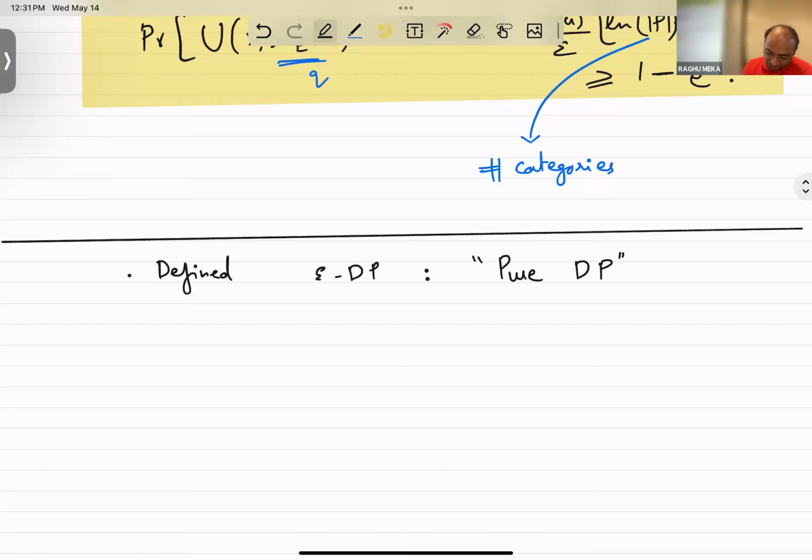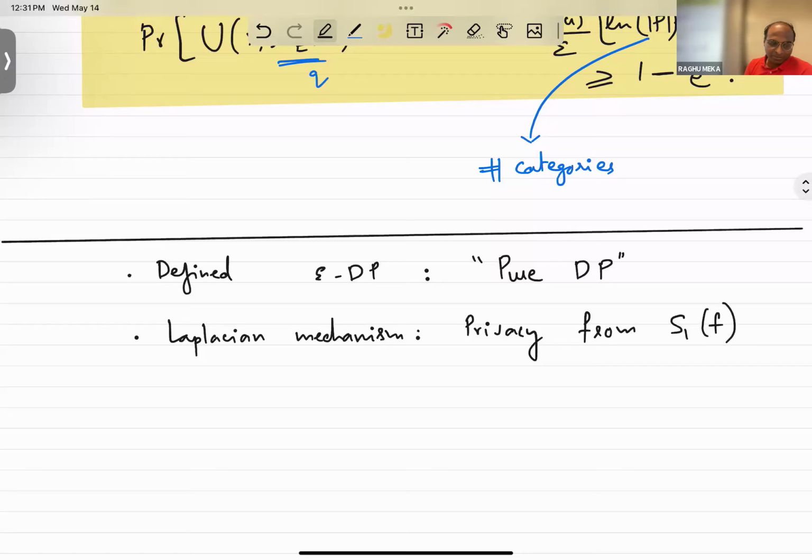And then we saw the Laplacian mechanism, which is a way to get privacy as long as your queries or your functions have low sensitivity. It's not tied to any specific function, but as long as your function has low sensitivity, we can use the Laplacian mechanism.